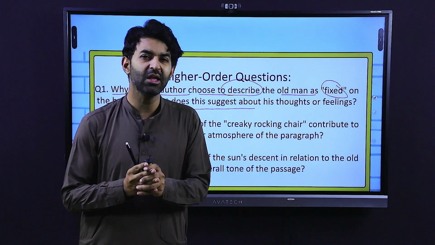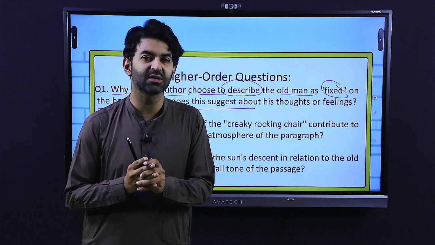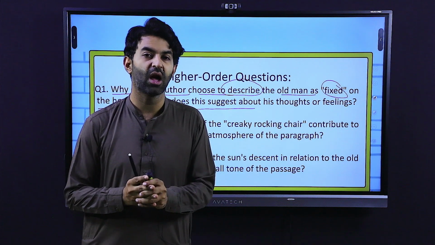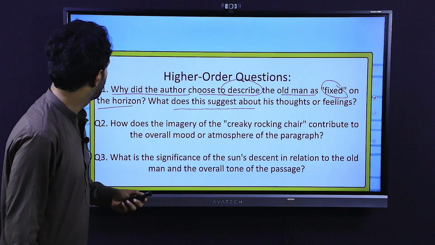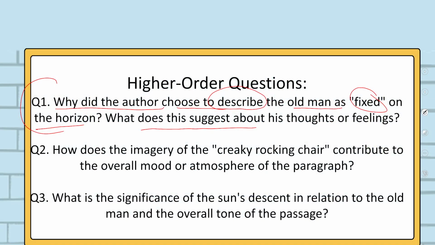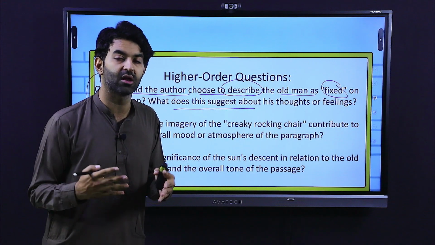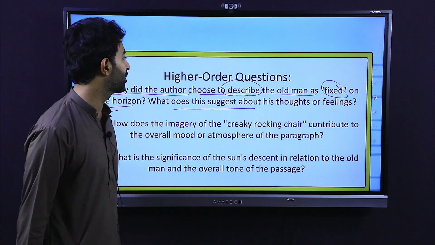He's really in a deep thinking situation where maybe he is sick, or there can be so many interpretations. Now, this was an example of a higher order question where you need to analyze the situation, think out of the box, relate to your experience and understanding, and only then can you come up with your answer.